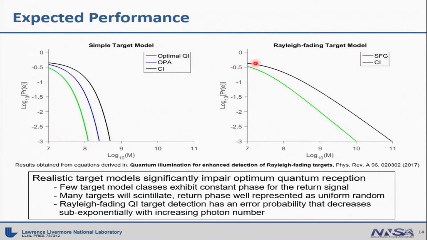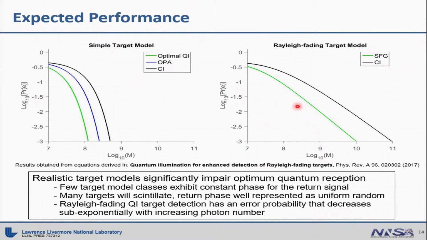In that case, it turns out that the suboptimal receiver, the OPA, does far, far worse even than a classical radar, so I didn't even plot it. You can see now that rather than dropping off exponentially, as these probabilities of error do with the number of photons transmitted, the phase information has been completely lost in this particular problem. And now you're being forced to transmit many, many more photons to get a confident decision.